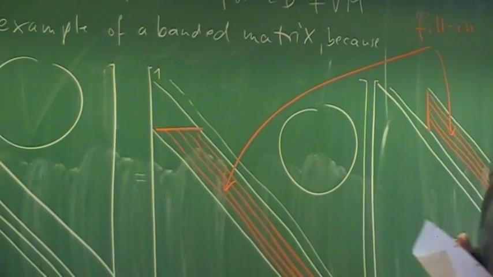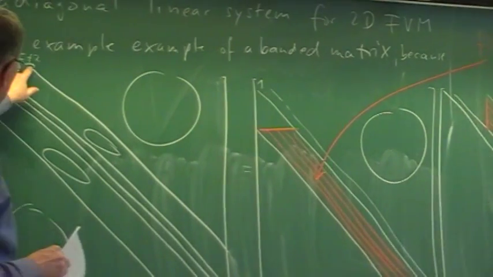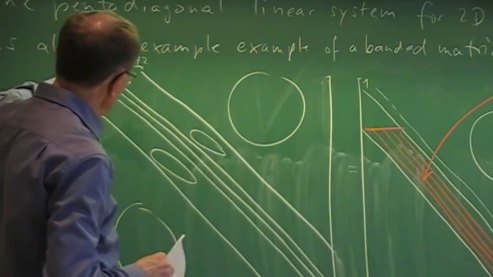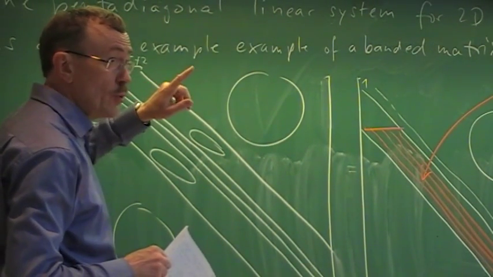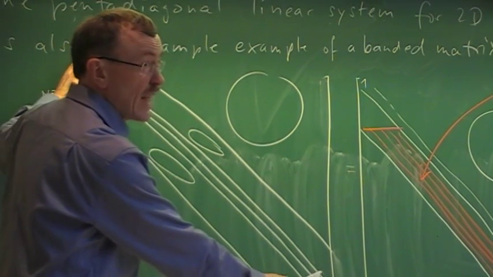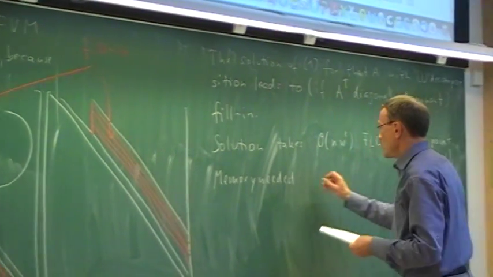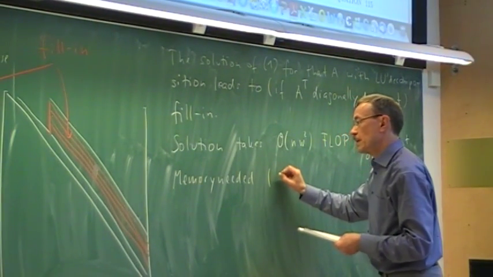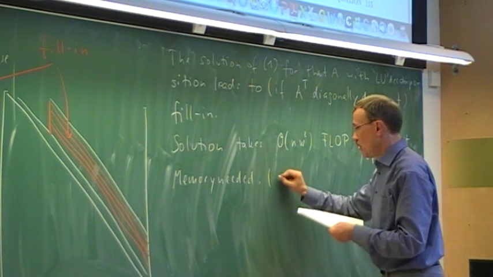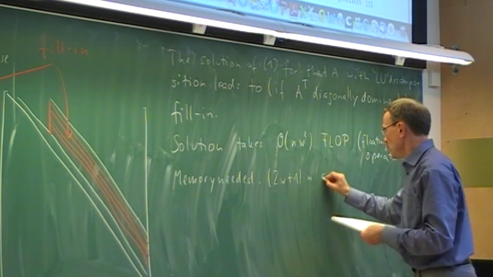If we had in the beginning a bandwidth of W, we need W here, we need W here, and we need a diagonal. So we need 2W plus 1 times our number of unknowns n storage places, or arrays to store. So the memory needed is then 2W plus 1 times n arrays.